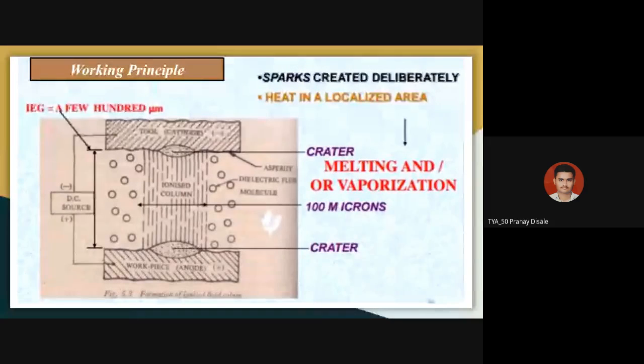That power supply is firstly passed through this tool as well as the workpiece, that means through these electrodes. So due to that, what will happen? It will result in the formation of an electrical field, at this location where surface irregularity is there, no?